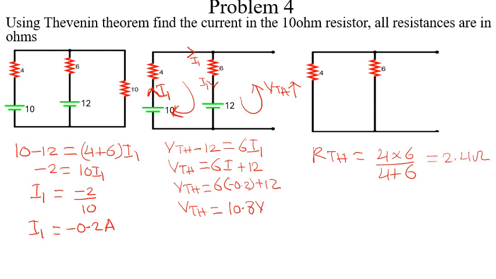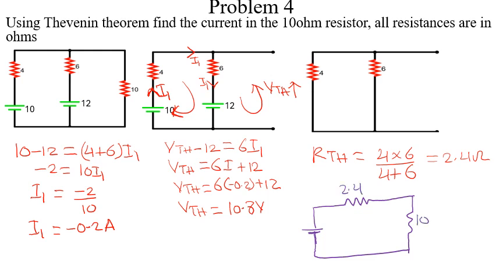Then we finally draw our Thevenin equivalent circuit, which is the RTH in series with our load resistor. Here is 2.4, and the resistor we removed was 10.